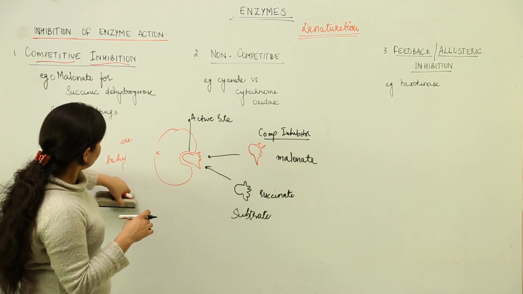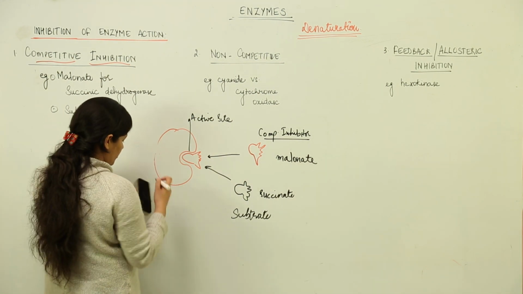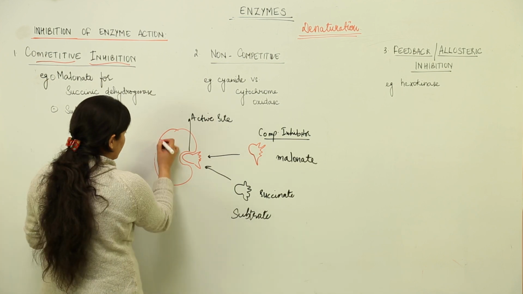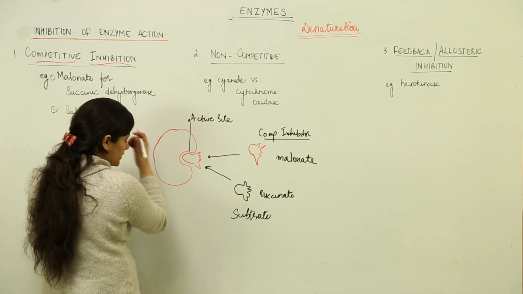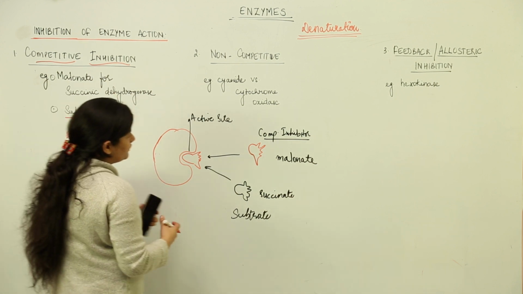Now there is another thing. You must have noticed that whenever you have some sort of infection or allergy, you are given antibiotics which have sulfur drugs in them. These sulfur drugs also work on the principle of competitive inhibition.